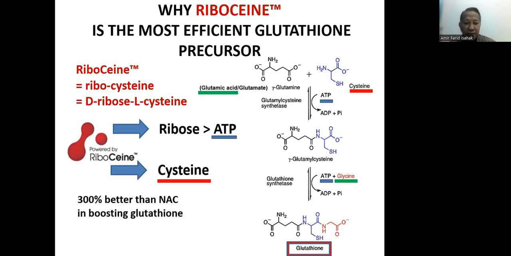So that explains it. I'm sure that is what makes it 300% better than NAC. The difference is only in the ribose, right? NAC is N-acetylcysteine, so you have the acetyl group.